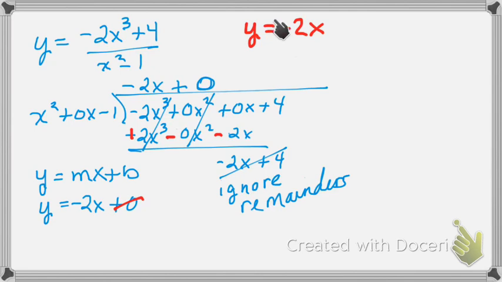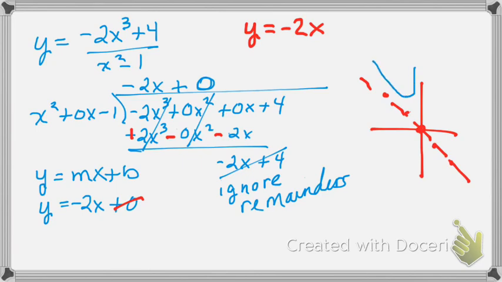Well, what does this look like? It's a diagonal line. It goes through 0, and the slope is down 2 and over 1. So your graph is going to somehow follow this line. Your graph might look something like this.